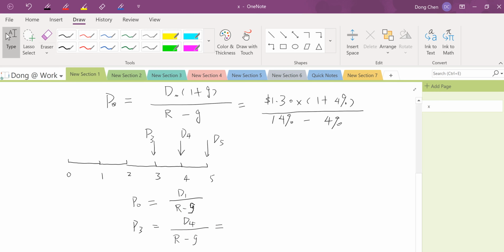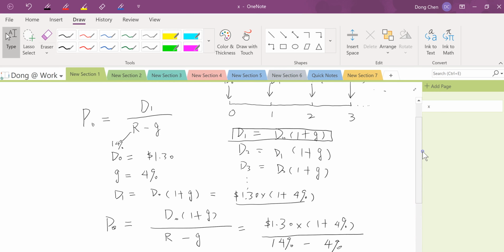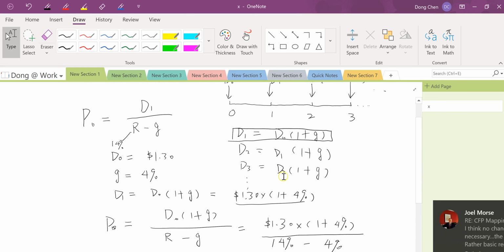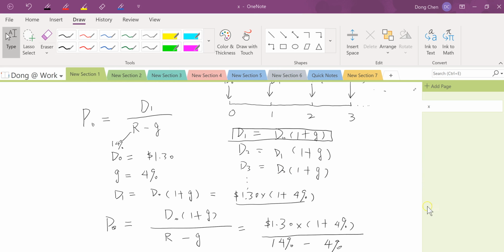Yeah, going back to that, D4 equals D3 times 1 plus G, right?